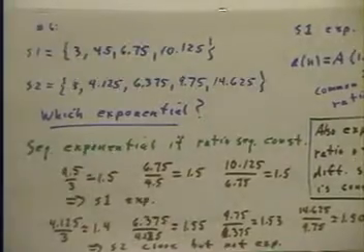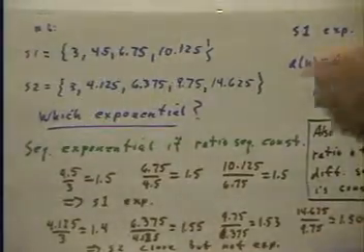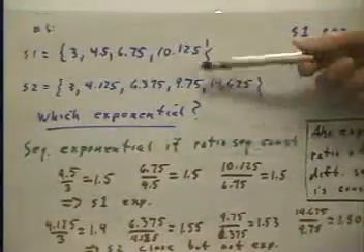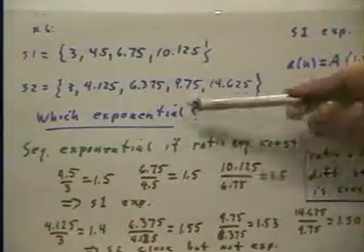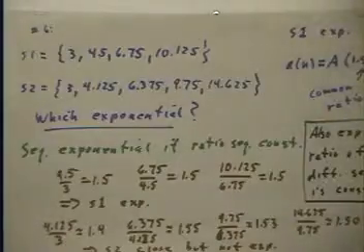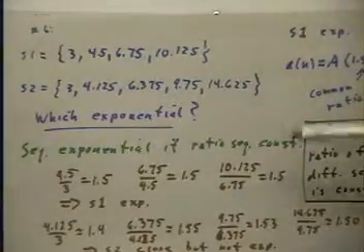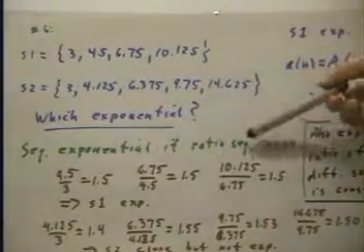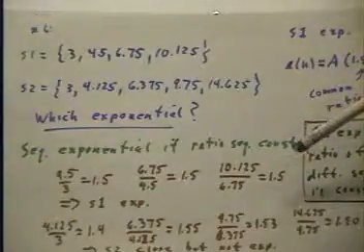Okay, here we have two sequences, S1 and S2, and we want to determine which one is exponential. Remember that on sequences, a sequence is exponential if the ratio sequence is constant.